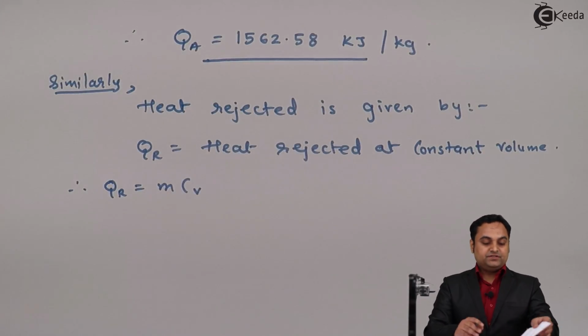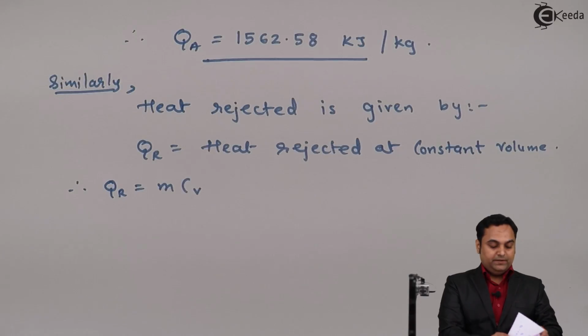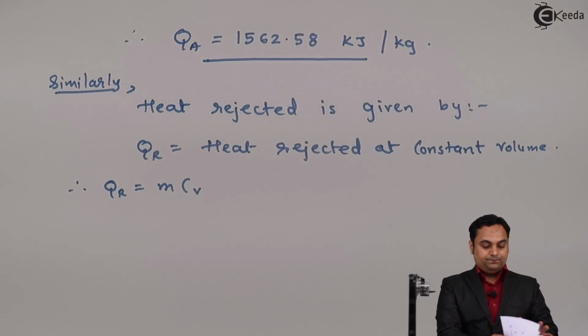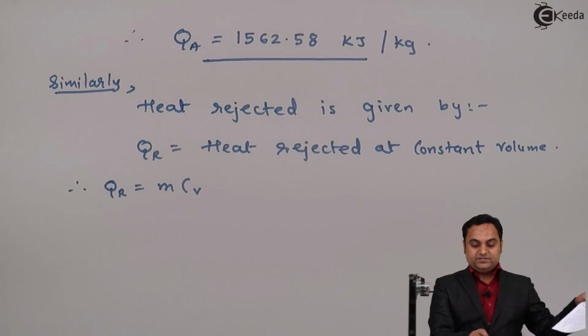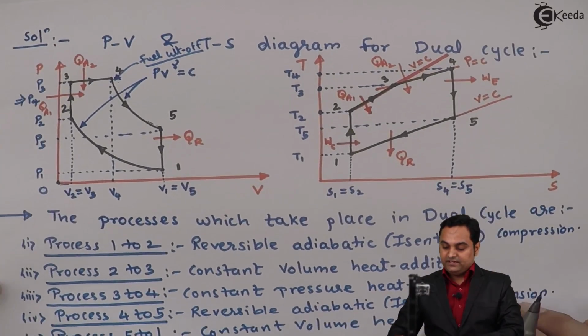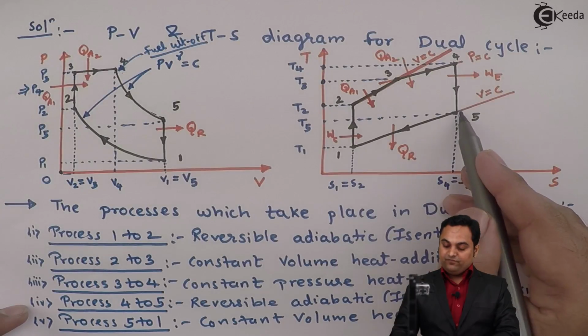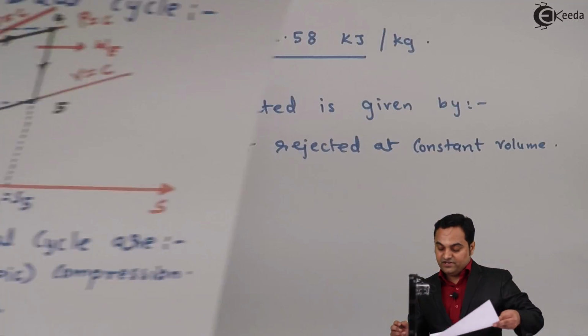The heat rejection is from 5 to 1, that we can see from the PV and TS diagram. Heat rejection is from 5 to 1, so T5 minus T1.